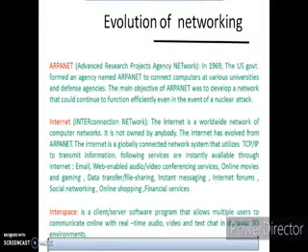Now, the evolution of networking: how it has evolved. First, it is ARPANET, developed in the US, known as Advanced Research Projects Agency Network. In 1969, the US government formed an agency named ARPANET to connect computers at various universities and defense agencies.